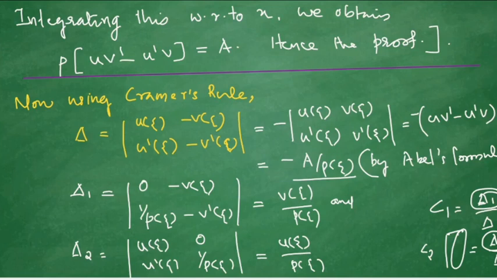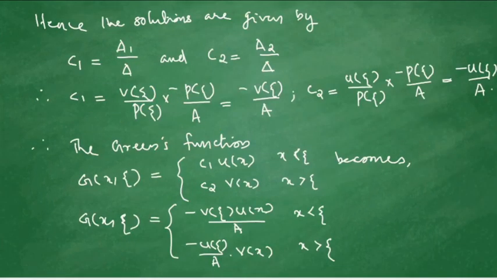Now by Cramer's rule, the first unknown C1 is delta 1 by delta, which is V of theta by P of theta divided by minus A by P of theta. So this becomes minus V of theta by A. And C2 we obtain in the same way as minus U of theta by A.